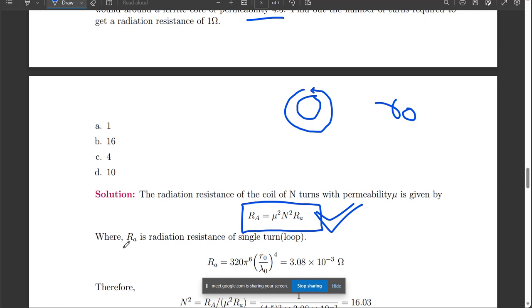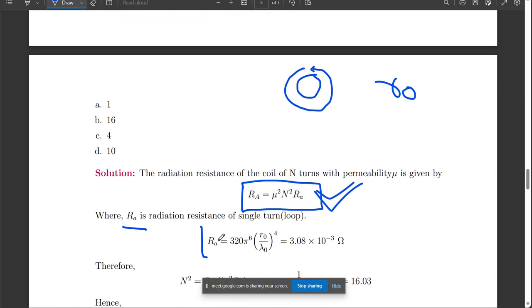But the radiation resistance of a single turn, small r_a, uses the same formula. So first find out small r_a, which is not given to you.